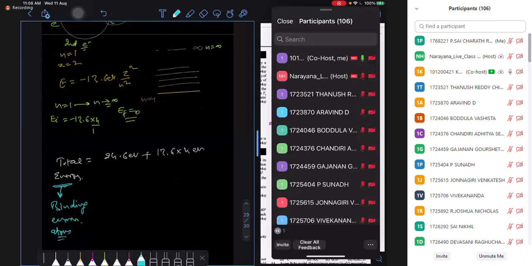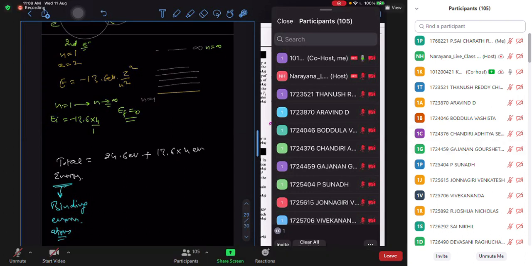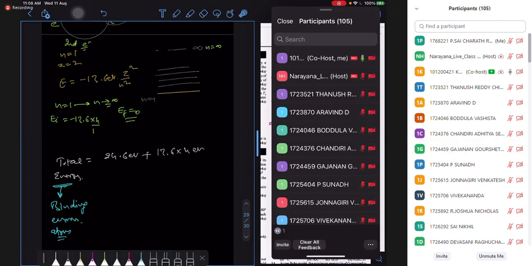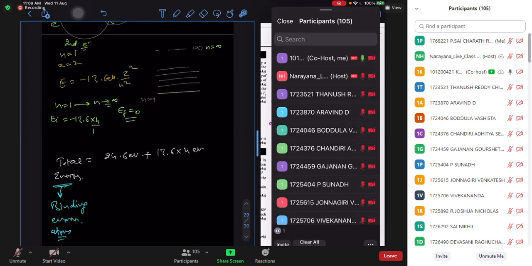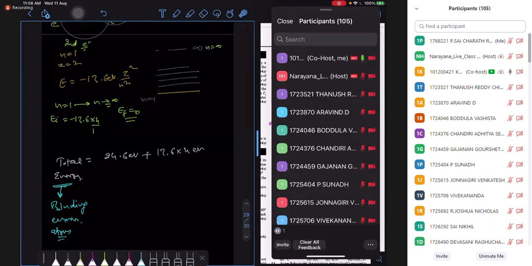So that much energy is binding the electron with the nucleus. Just as in gravitation we have discussed, you are attached with the earth, in the same way the electron here is attached with the nucleus by attraction. So when the electron goes to infinity, its energy becomes 0. So it escapes. The electron escapes from the attraction of the nucleus, just like a rocket escapes from the earth's field.